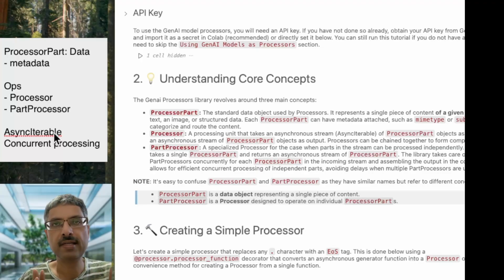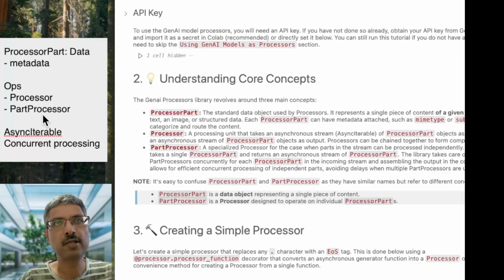So instead of having a list which is already in place, these items arrive asynchronously and are represented by the async iterable data structure. So processor takes in an async iterable and outputs an async iterable. So it processes each of those items, keeping its context in mind, and outputs an async iterable.